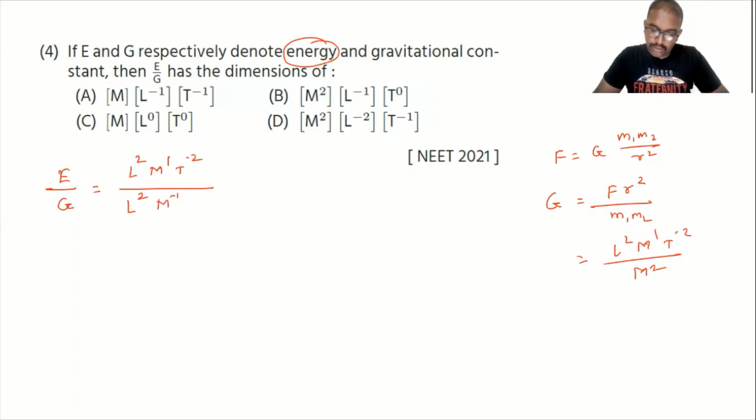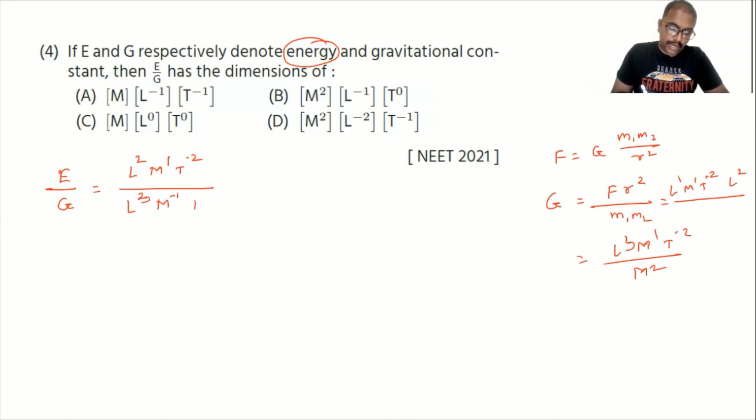So yeah, here it's L2 and this one L3, sorry, L3. So here force is L1 M1 T minus 2 and here L2 for R square. So L3, then M minus 1 T minus 2.